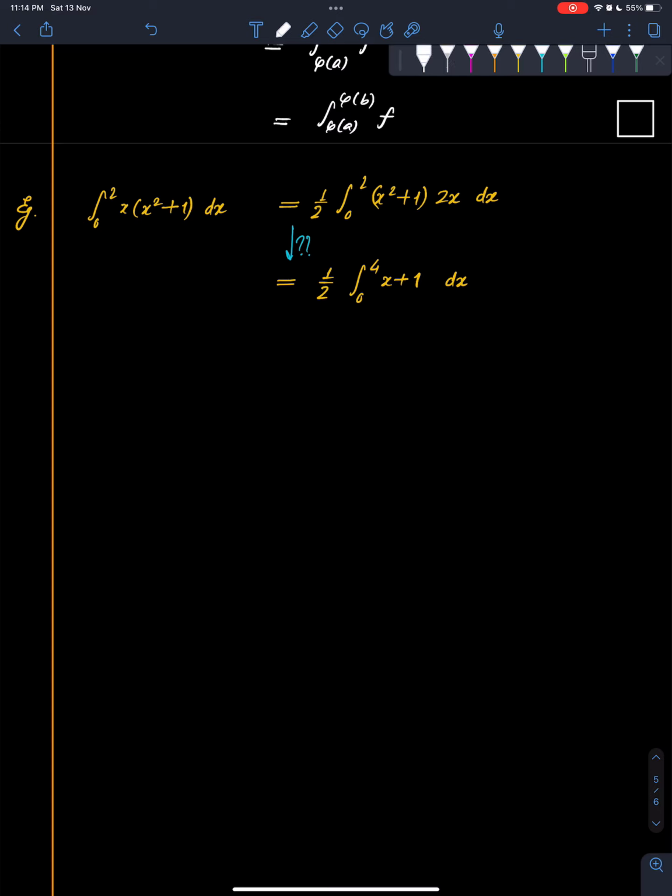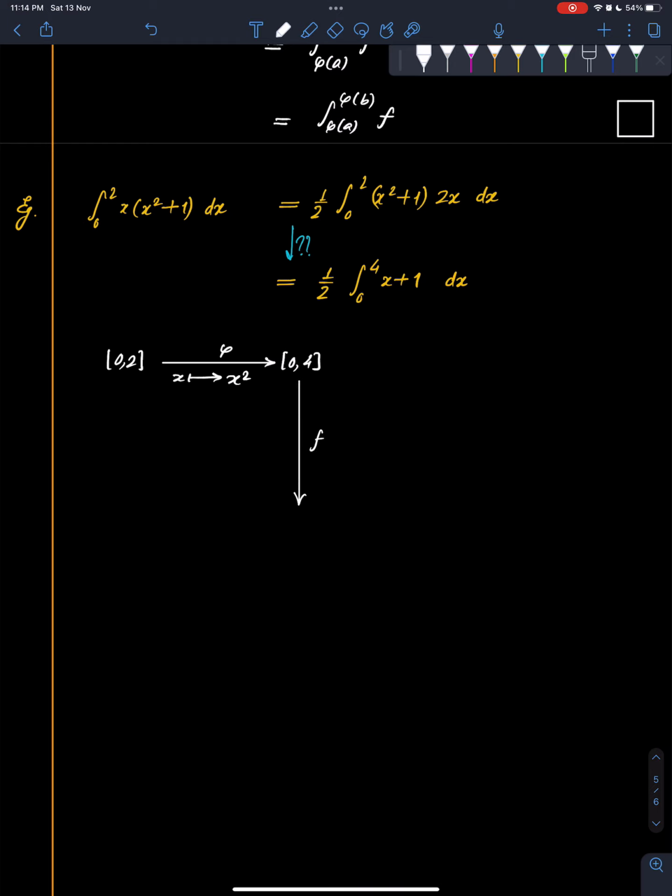So what happened is that you have your function phi, which takes [0, 2] to, of course, [0, 4], and the function is x going to x square. And then I have this function f. So I am defining these functions, it's up to me.